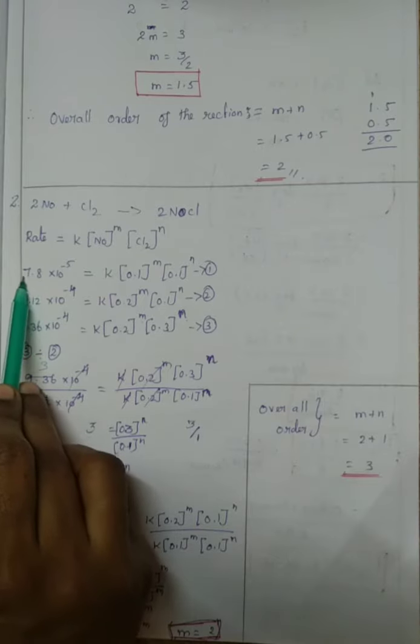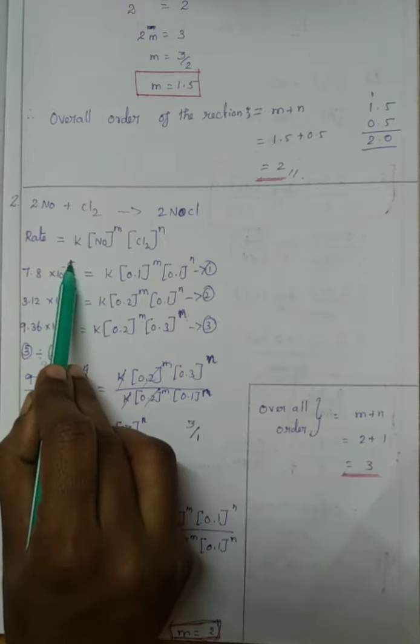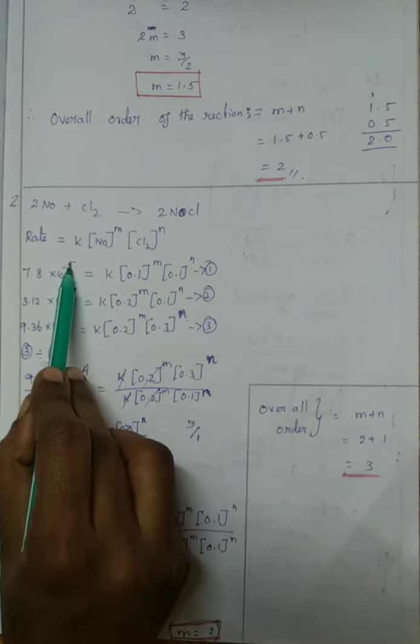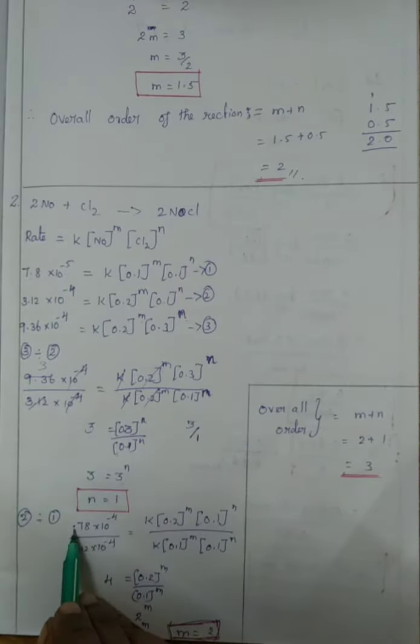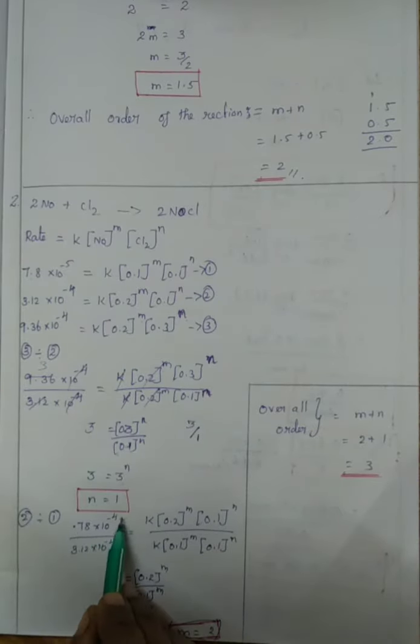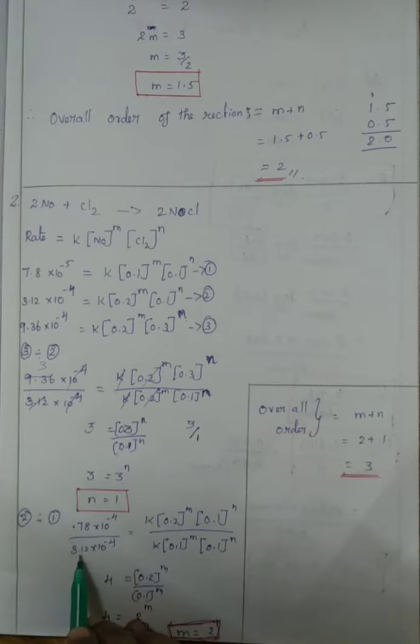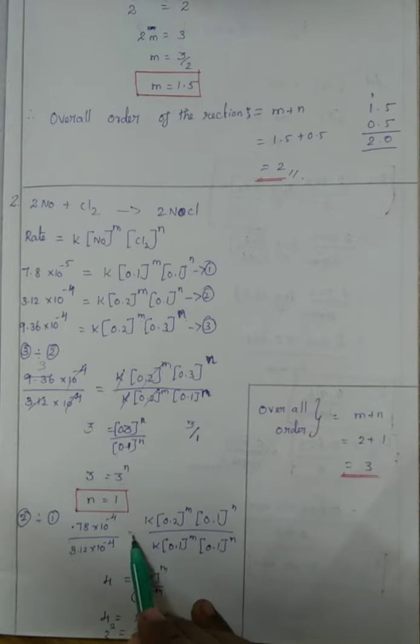If I move this digit in front of 7, one digit is moving, so here I decrease the power by one. So I write it like this: 0.78 into 10 power minus 4 divided by 3.12 into 10 power minus 4 equals K, 0.2 power M into 0.1 power N, divided by K, 0.1 power M into 0.1 power N.